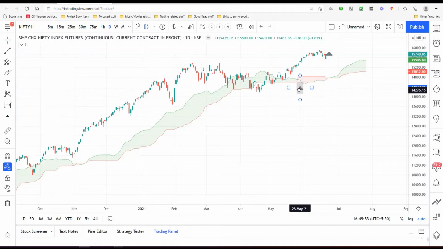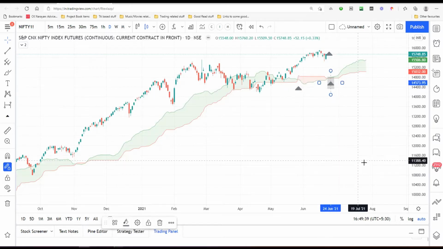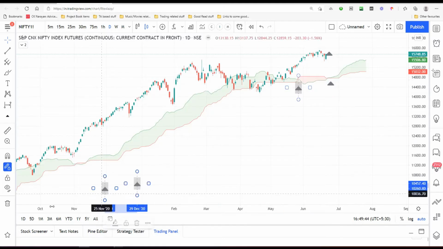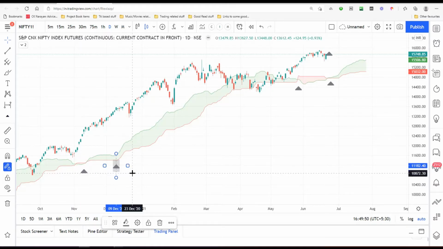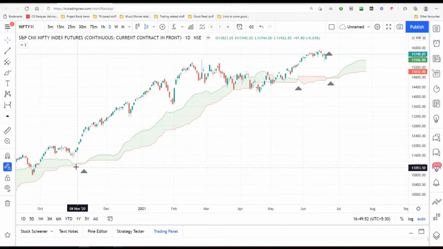And then you had another Kumo twist here. The earlier one, if you see here, that Kumo twist was out here. So you have various levels of Kumo twists, depending upon the time frame of the chart.